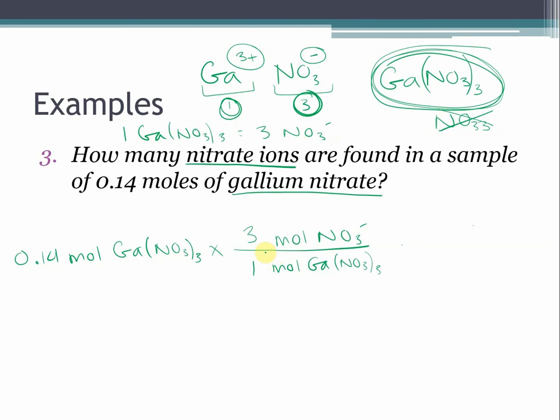We're not looking for moles of nitrate ions, we are looking for individual nitrate ions. So we'll need to go times 1 more fraction. What goes up must come down. Moles of nitrate go on the bottom. And individual ions of nitrate go on top.